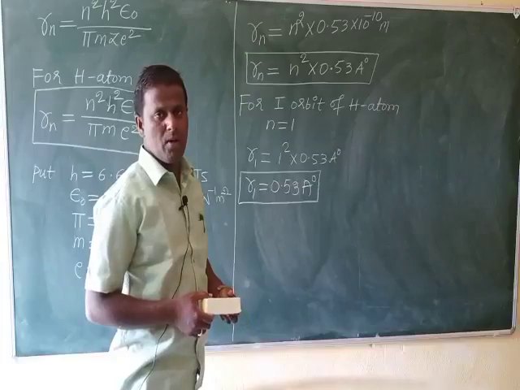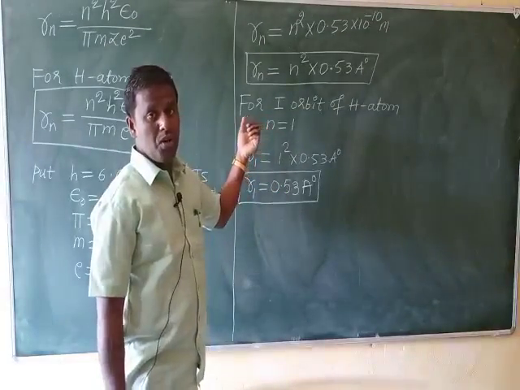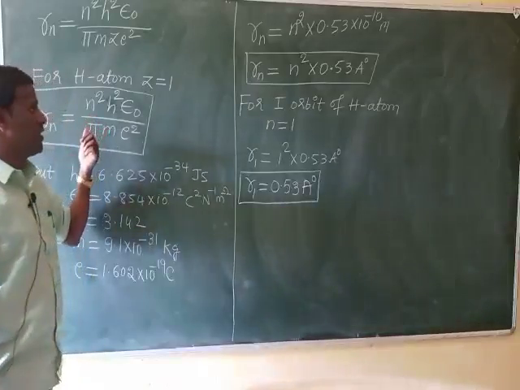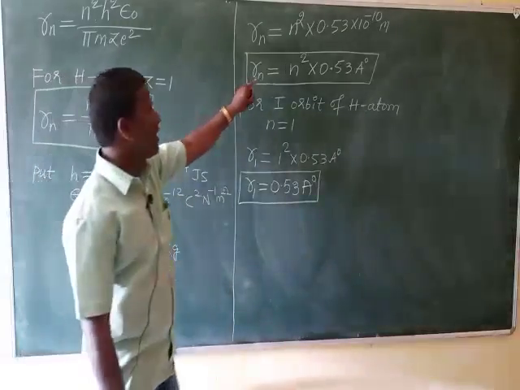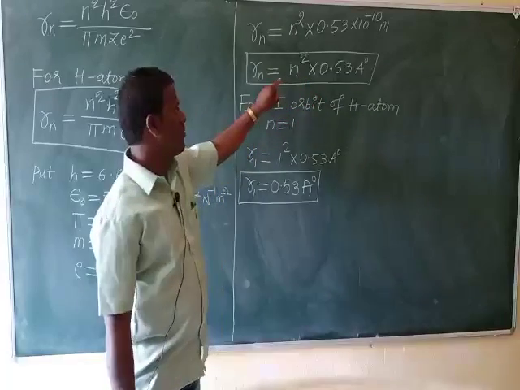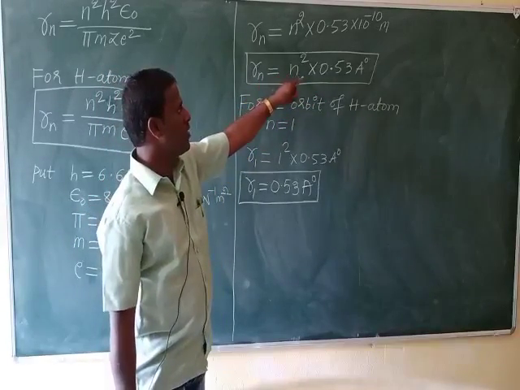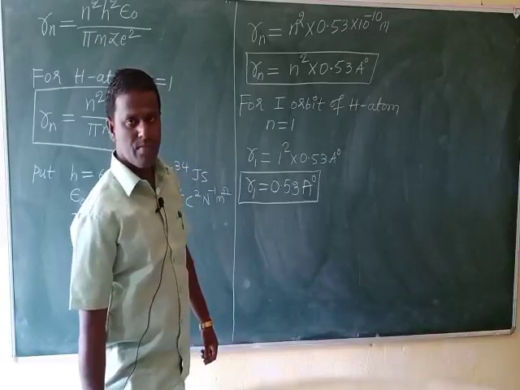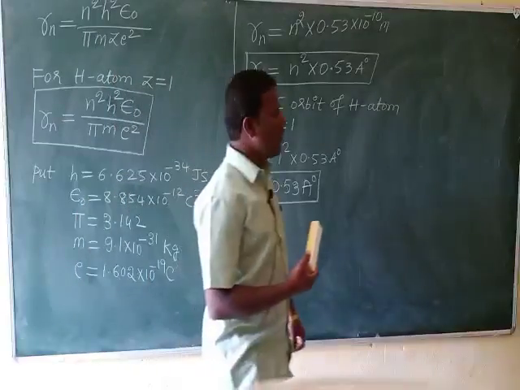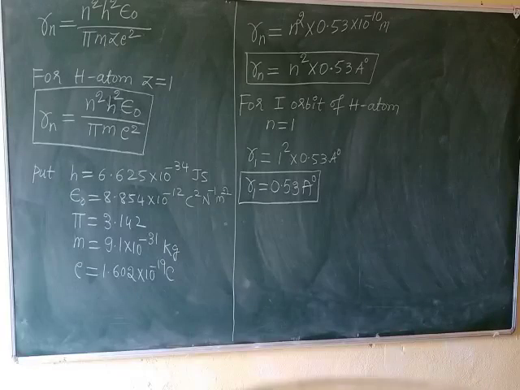While solving numerical problems you may come across the radius of the second orbit. There is no need to take all these values and calculate. Just remember this formula: Rn equals n square into 0.53 angstrom. Substitute n equals 2. So Rn equals 2 square, 4, into 0.53 angstrom, and easily we get 4 into 0.53 angstrom, where angstrom is 10 to the power of minus 10.